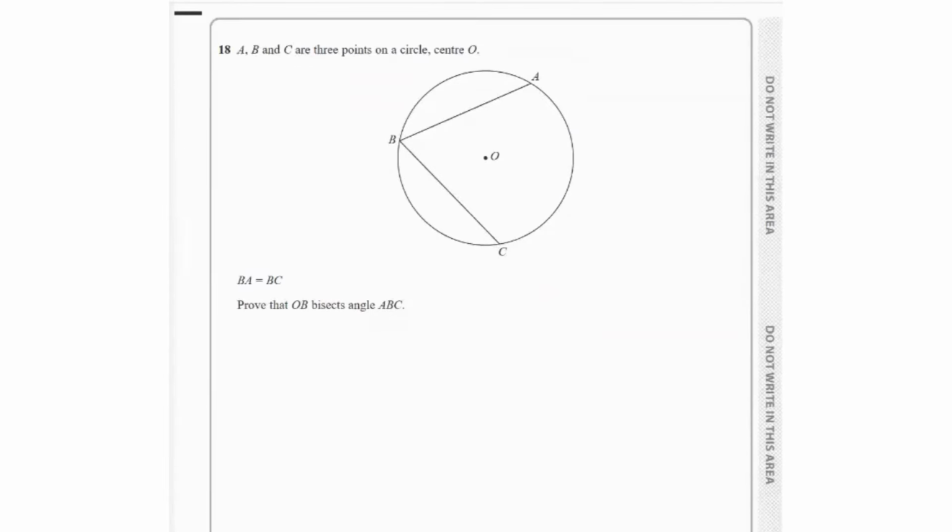Then it says A, B, and C are 3 points on a circle with center O. BA equals BC. Prove that OB bisects angle ABC. OB is bisecting this angle. So if we remember, any length coming from the center towards the circumference is your radius.